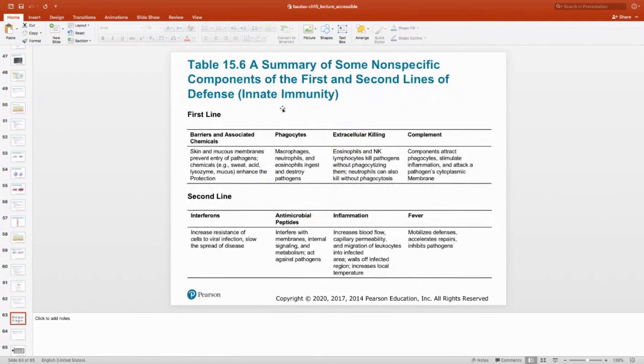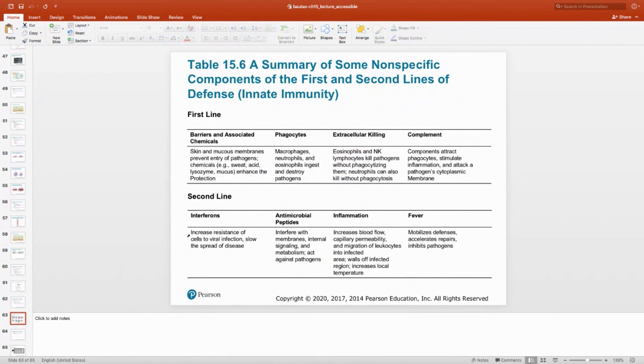So when we look at the summary of everything that we've looked at for the innate system, we see the first line and the second line of defense, and the barriers and associated chemicals, the phagocytes, extracellular killing, and then complement.